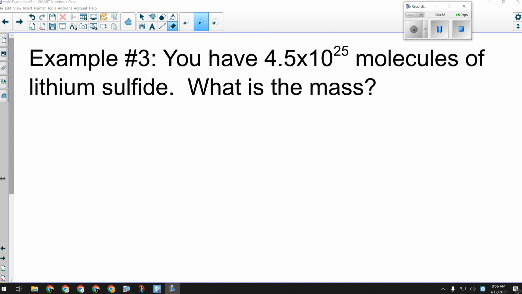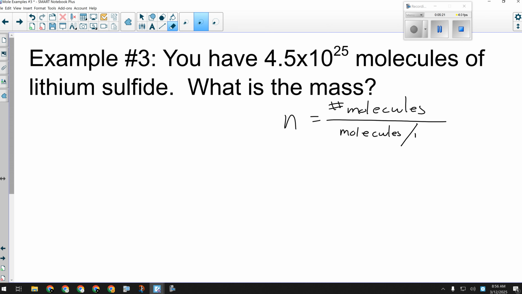You want to divide by Avogadro's number here. Okay? When we take this number, the number of molecules, and divide it by Avogadro's number, we get the number of moles. Here's why. I have the number of molecules on the top. And I'm dividing by molecules per mole.